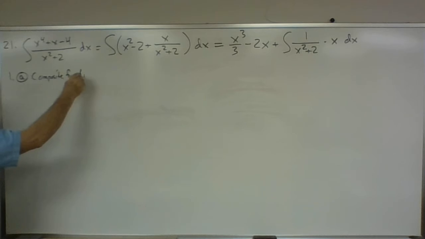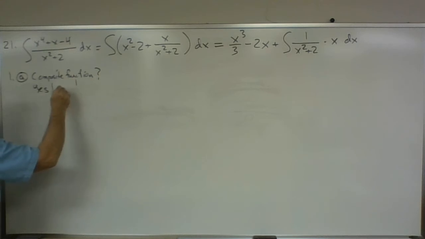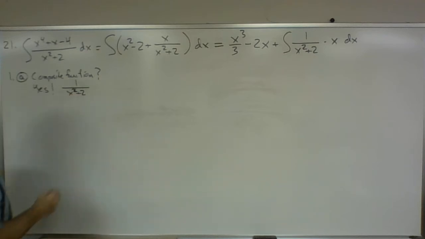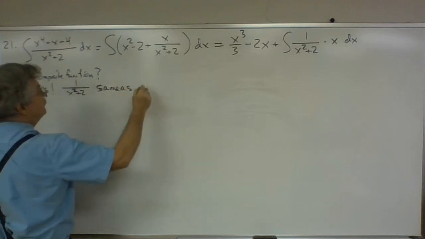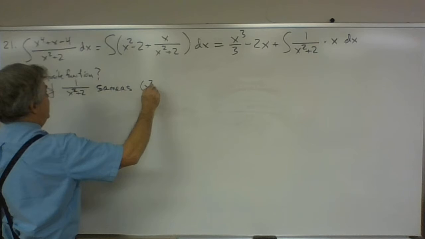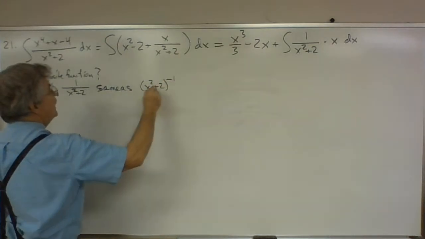Composite function. Yes. 1 over x squared plus 2 is a composite function. And the reason is this is the same as x squared plus 2 to the negative 1.